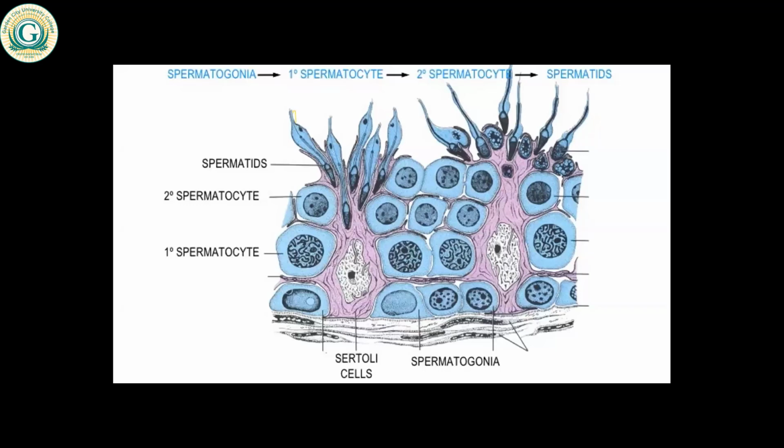Sertoli cells protect, they feed, they form compartments, and they clothe, forming protection for the spermatogonial cells. In terms of protection, they form these digits aligned to the membrane, forming something we call the blood testis barrier, BTB.